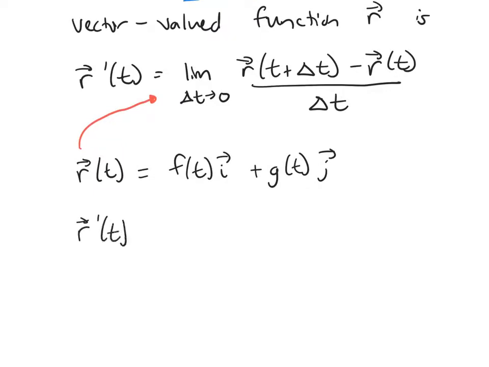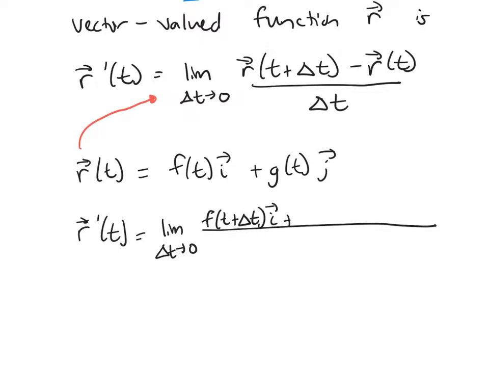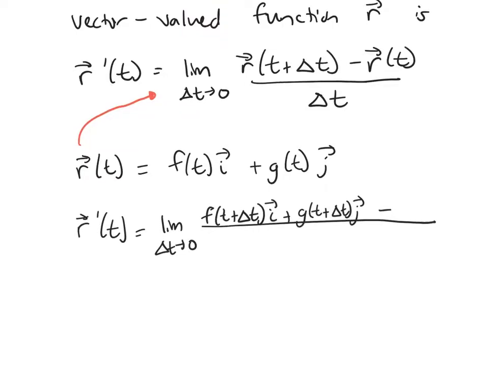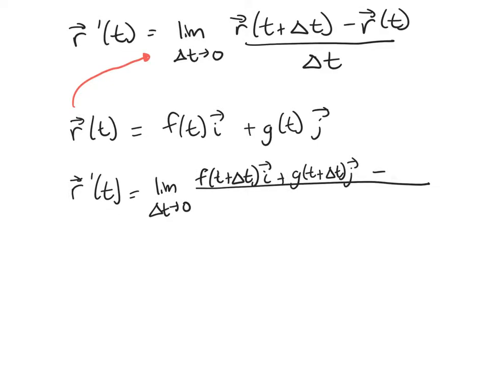R prime of t would be the limit as delta t goes to 0 of f of t plus delta t i plus g of t plus delta t j, minus, we're going to subtract r of t, so minus f of t i minus g of t j, over delta t.